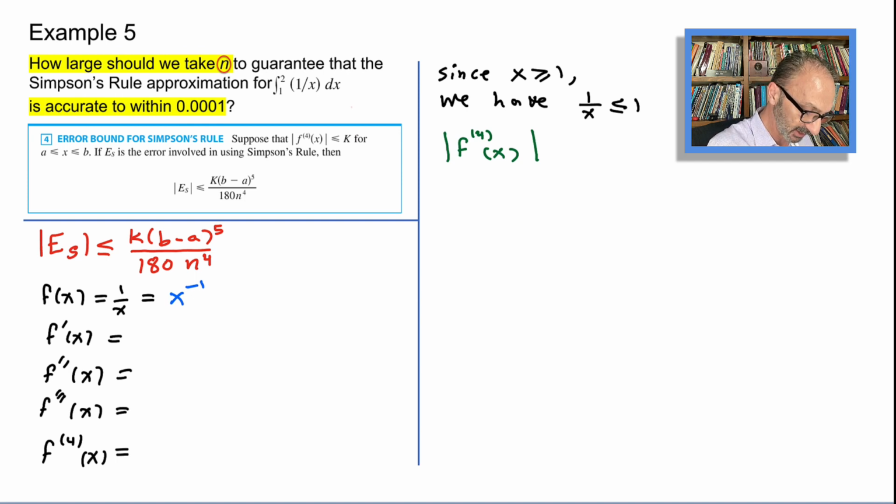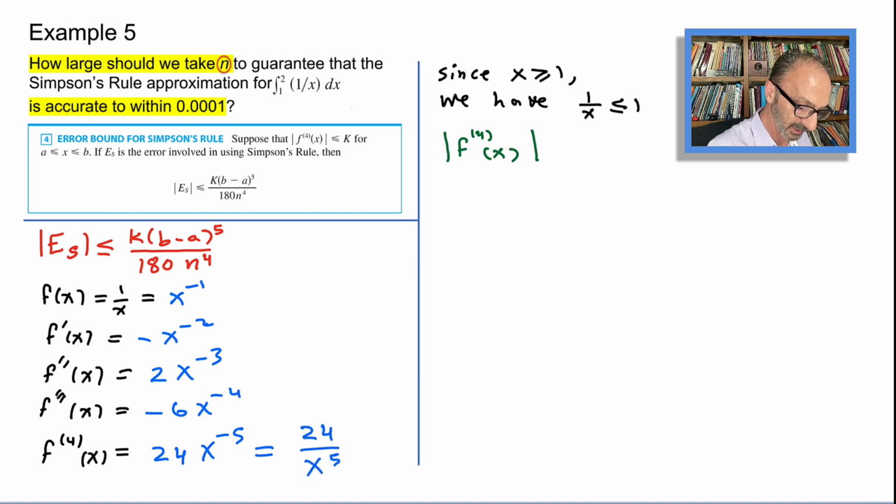The first derivative will be minus x to the power minus 2. The second derivative will be positive 2 times x to the power negative 3. The third derivative will be minus 6 x to the power negative 4. And the fourth derivative will be 24 x to the power negative 5, which can be written as 24 over x to the power positive 5.